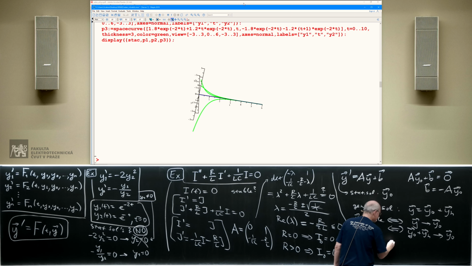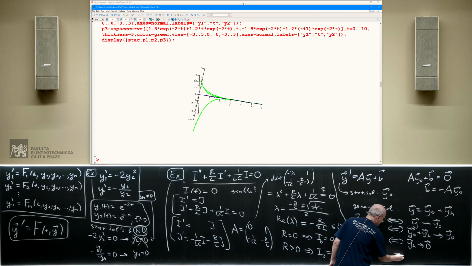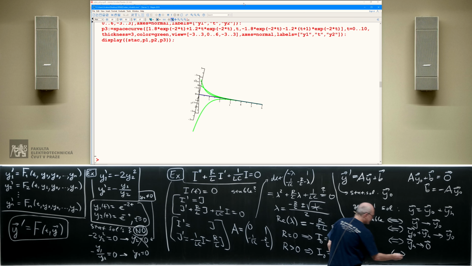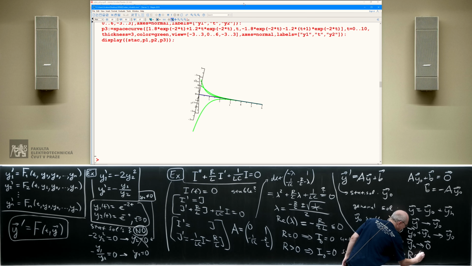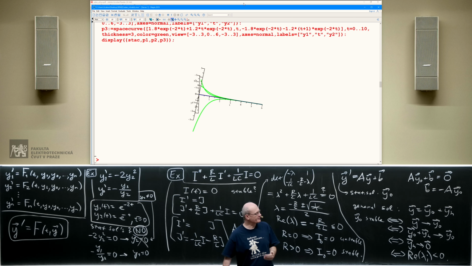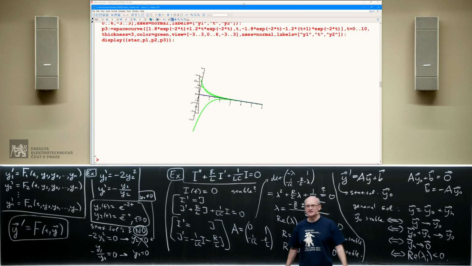And now we see easily that we have stability for y naught if all the yh's go to 0. So this is exactly what we were investigating for homogeneous systems, and we know what to do. We look at the matrix A, we find the eigenvalues, and we want the real part of all the eigenvalues to be negative. The same criterion, the same theorem also applies to non-homogeneous systems where the right-hand side is constant.